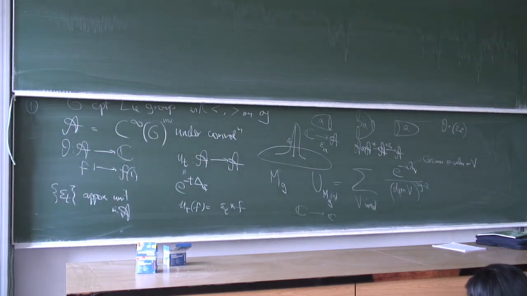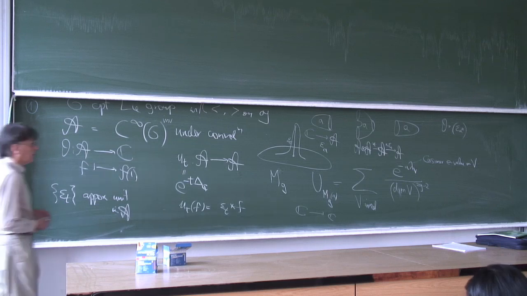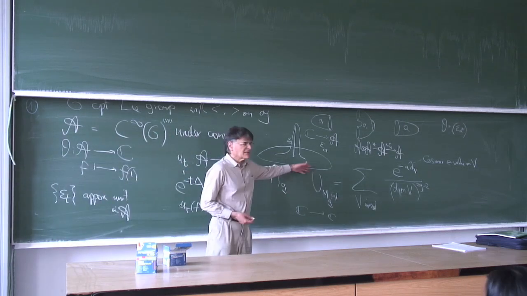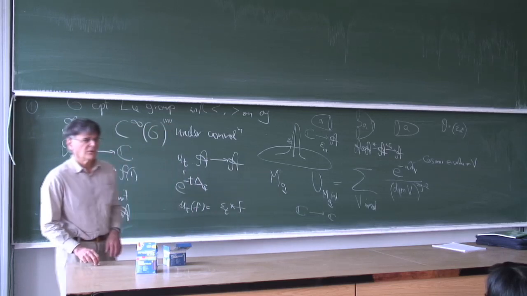Now, Witten proved a beautiful theorem about this, which explains why it's called two-dimensional Yang-Mills.